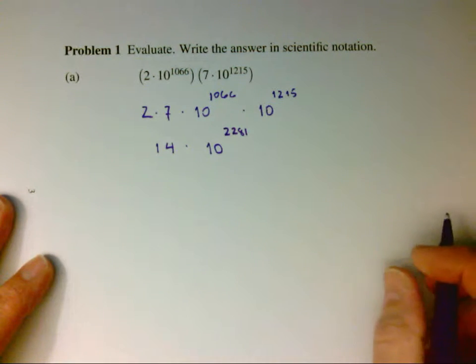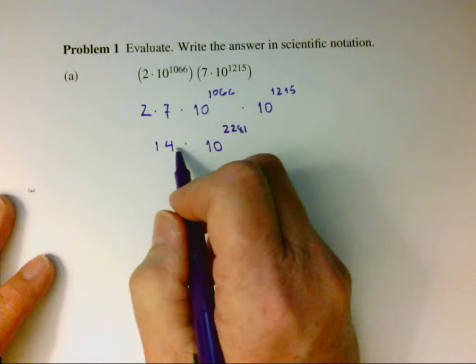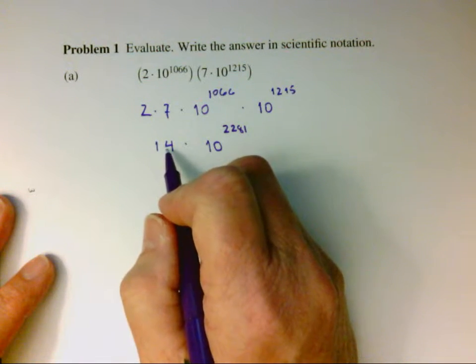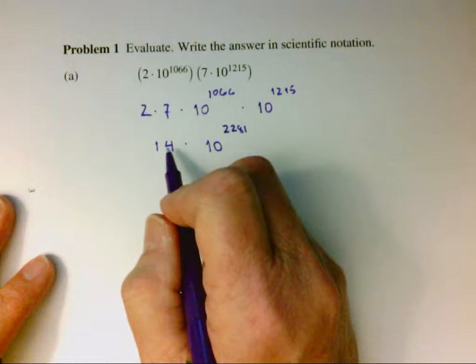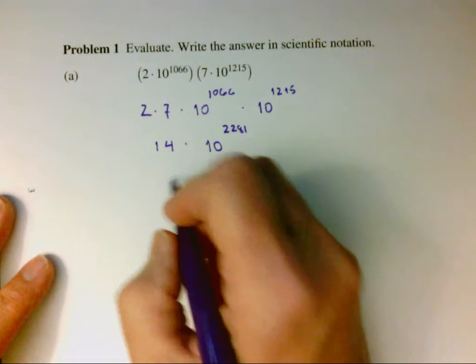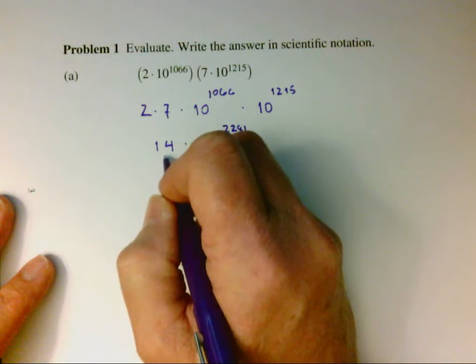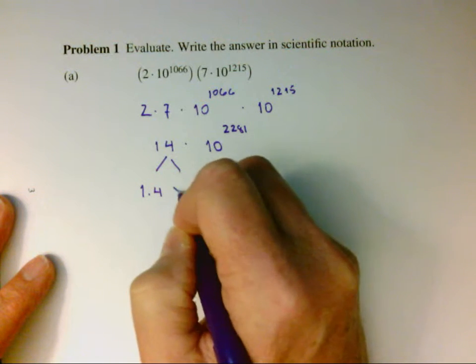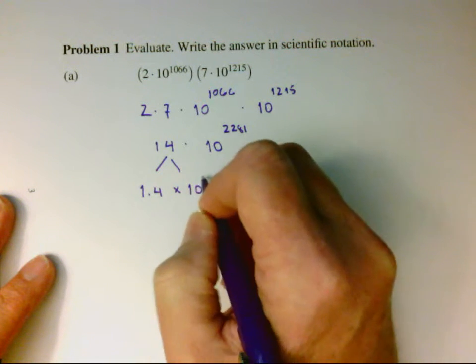In other words, a 1 with 2,281 zeros after it. Now, we're not quite in scientific notation here, because the mantissa, the number out on the left, has to be between 1 and 9. And this is bigger than 9. This is 14. So what you do is you think of this as 1.4 times 10 to the 1.